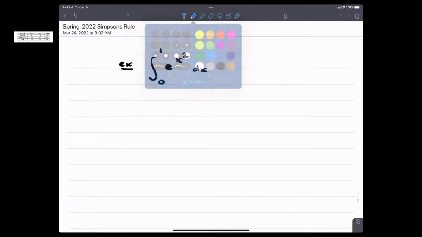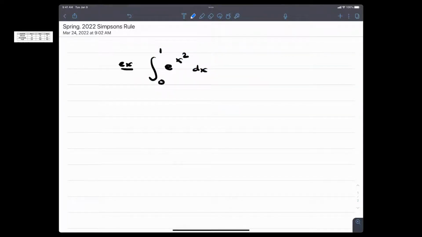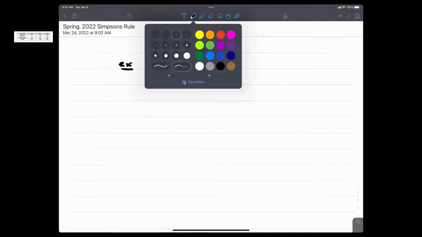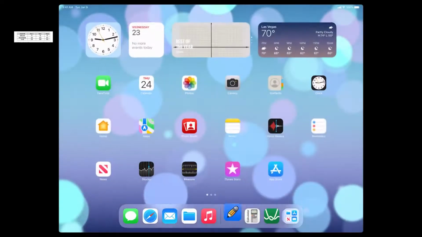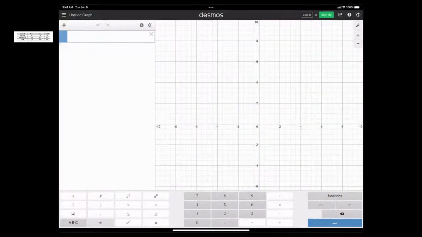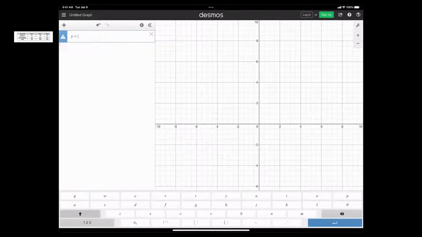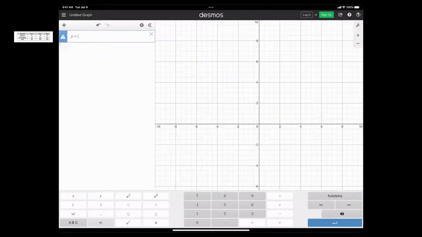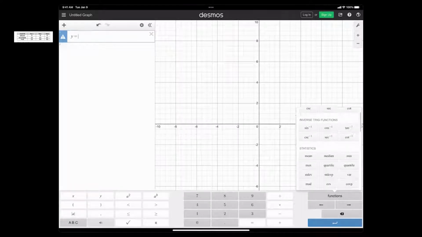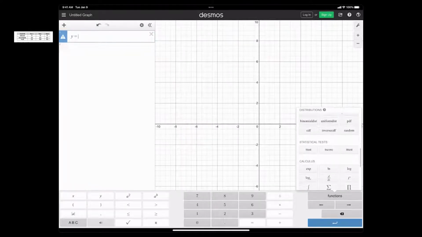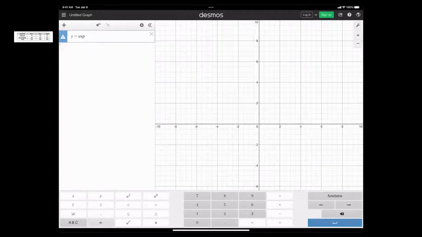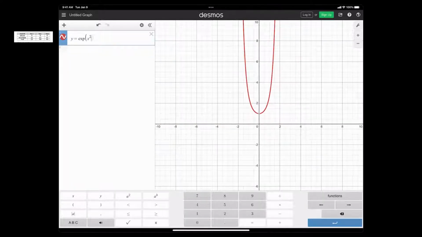Now, we know what that curve looks like. I can tell you what that curve looks like if I go to Desmos, y equals the exponential function, e to the x squared.